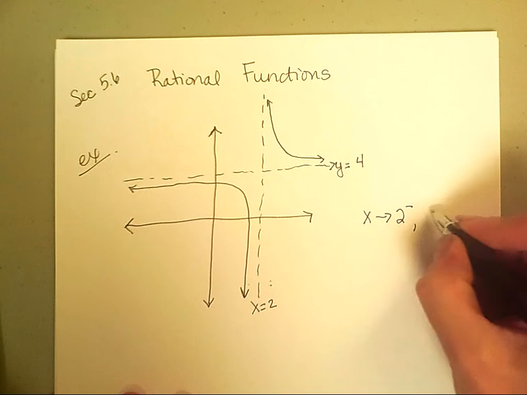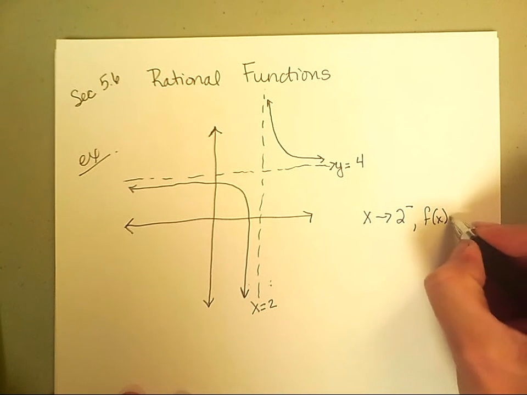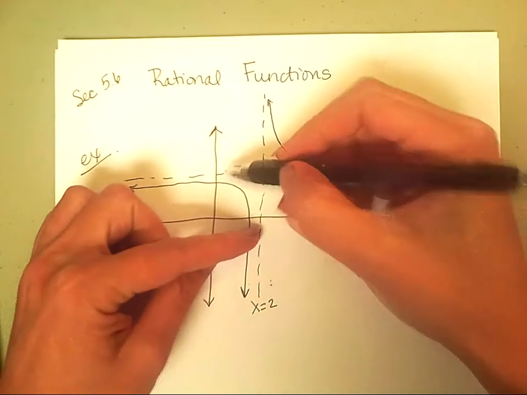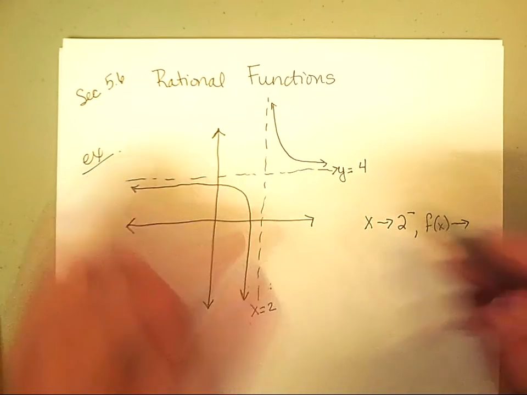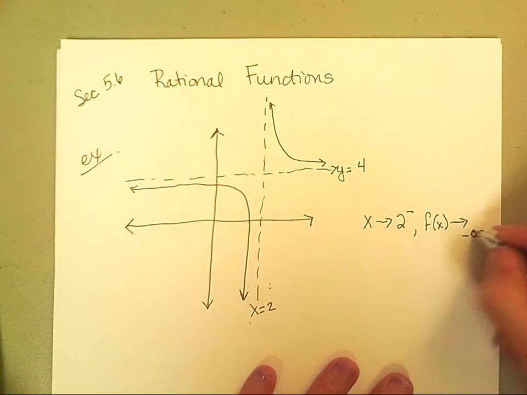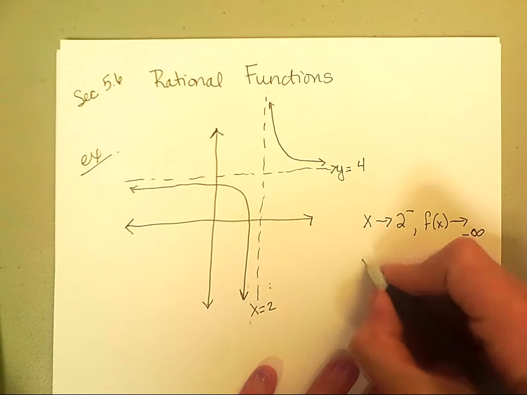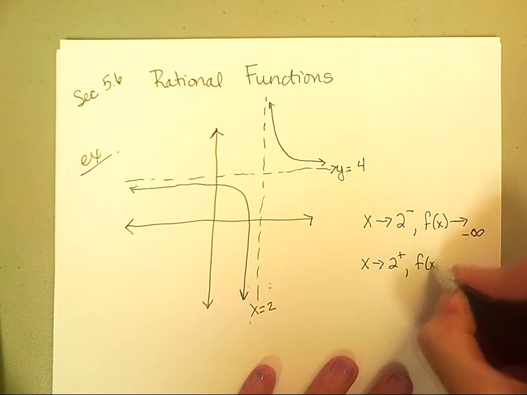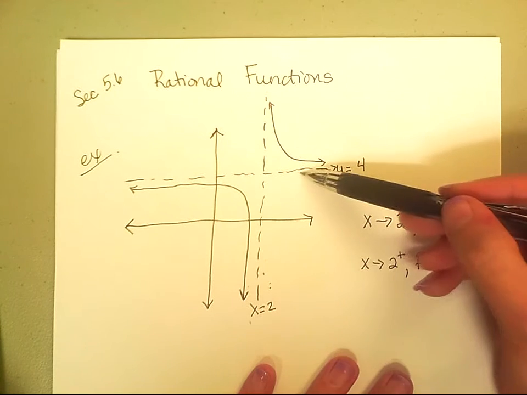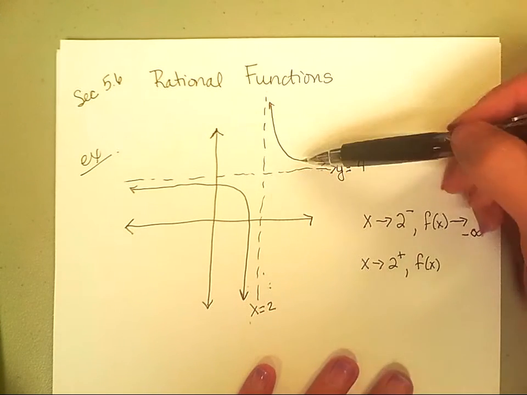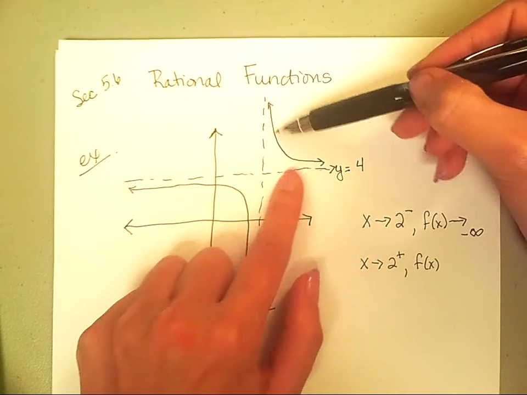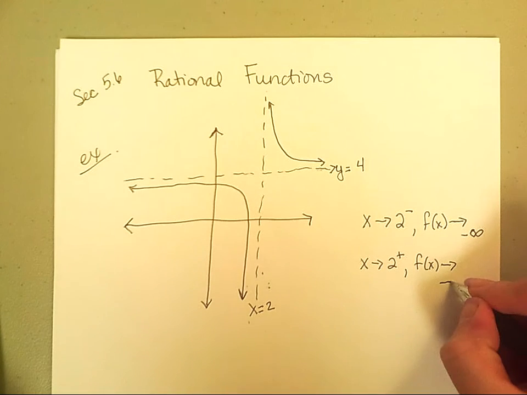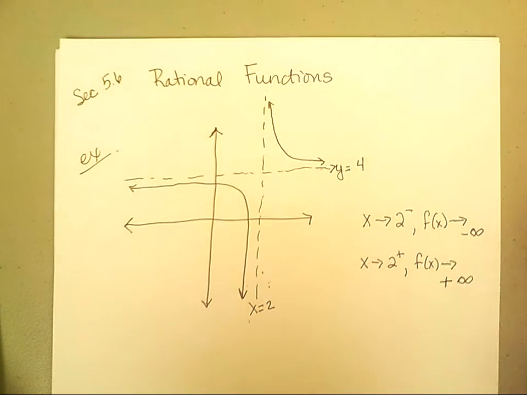Then our function values are diving, so as I'm coming at it from the left, the function values are diving, and they are headed to negative infinity. On the other hand, as x is going to 2 from the right, here's 2, I'm coming at it from the right-hand side. As I'm moving to the right-hand side, the function's taking off to positive infinity.